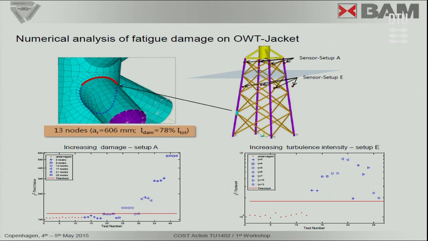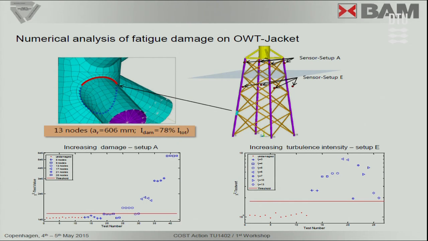We are not able to detect damage at an early stage, but with approximately 30 nodes, which is approximately 80% of the total stiffness, we are able to detect damage, at least in this numerical analysis.